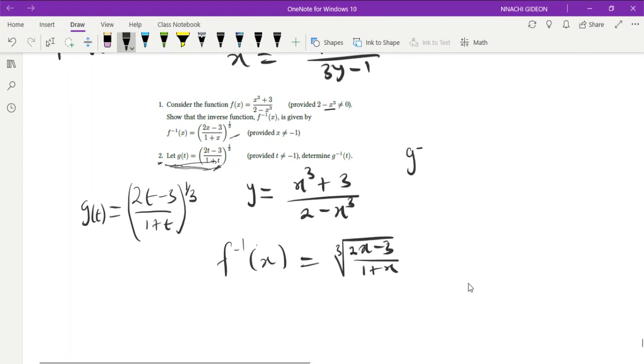Let's start like this. Inverse of g of t equal to what? Minus 3 minus t cubed over t cubed minus 2. Okay, let me wait for others.